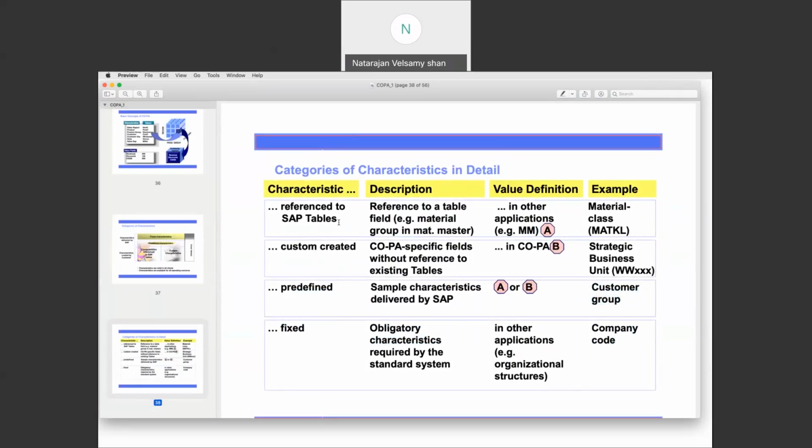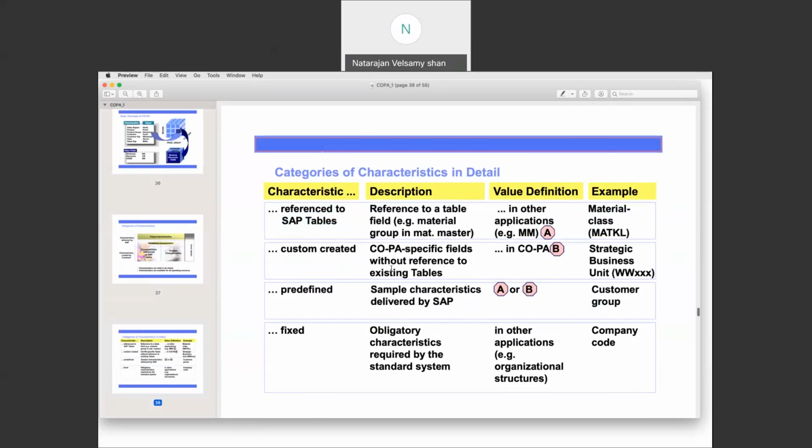A reference to an SAP table is, for example, material grouping from the material master, or in another application such as MM, material class. Custom created characteristics are COPA-specific, not referencing tables in other applications, like a strategic business unit, which starts with WW.